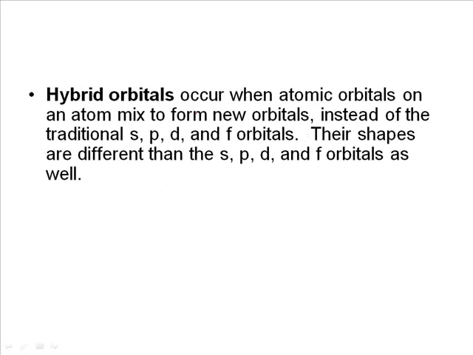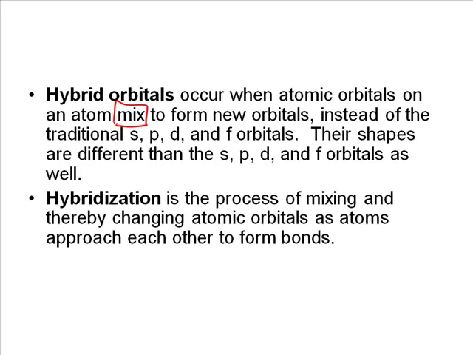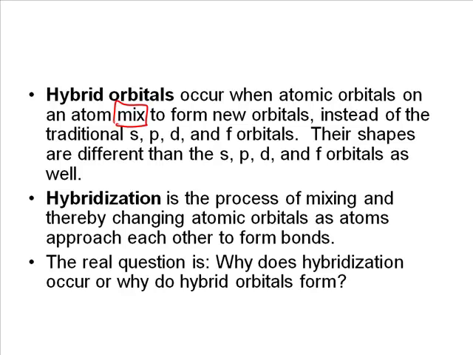A hybrid orbital can occur when atomic orbitals on an atom mix to form new orbitals instead of just the traditional s, p, d, and f orbitals. The shapes and names are different as well. Hybridization is the process of mixing, and thereby changing, the atomic orbitals as atoms approach each other to form bonds.